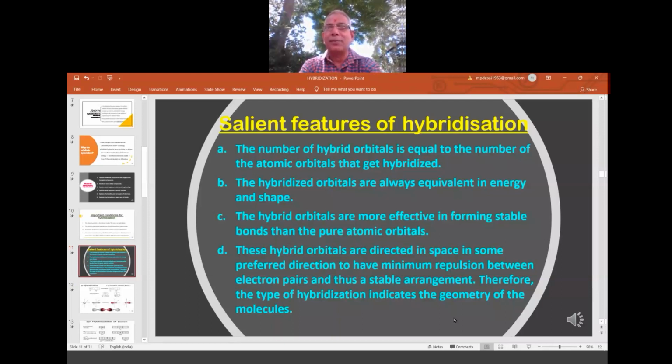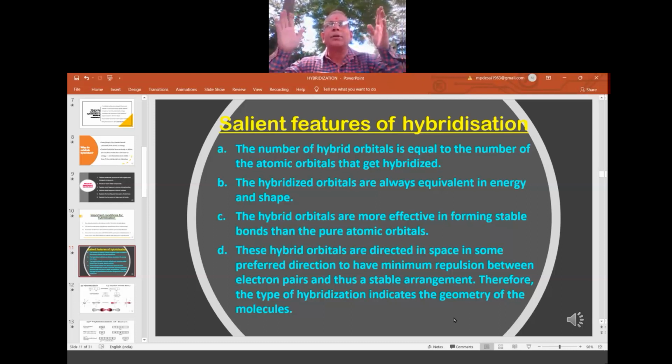Now, salient features of the hybridization topic. The number of hybrid orbitals is equal to the number of atomic orbitals that get hybridized. That means, how many orbitals are ready for the hybridization? 2 or 3 or 4. After mixing, the same number of hybrid orbitals are formed. So the number of atomic orbitals ready for hybridization is equal to the number of hybrid orbitals formed after the hybridization.